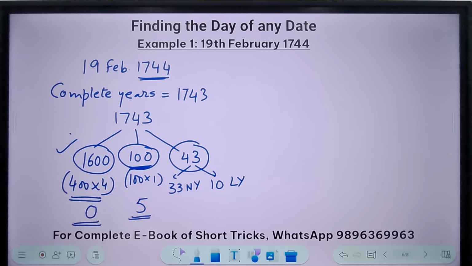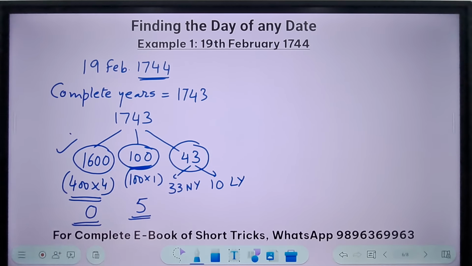So the total odd days are 3. Now according to this we have to use this concept. So corresponding to the total odd days being 3, we have the day as Wednesday, and therefore for this particular question the day of this date is a Wednesday.